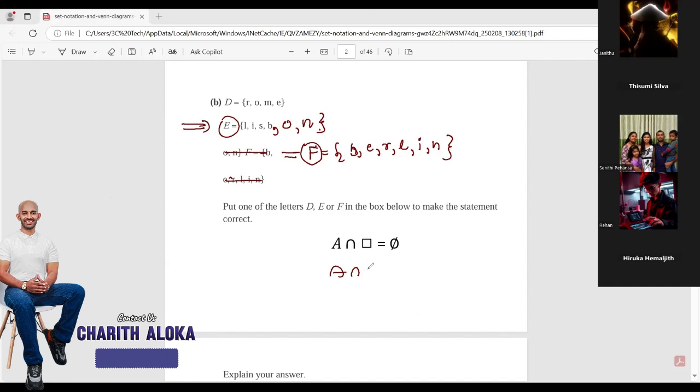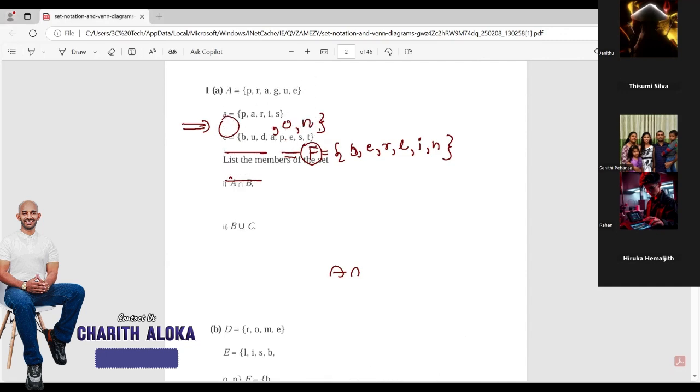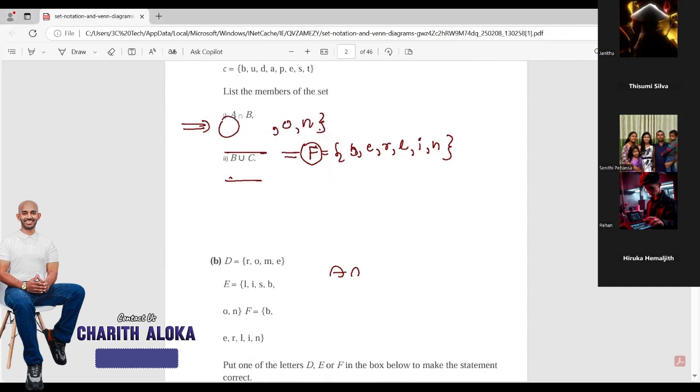Now you can see, A is not given, right? So we can get A as the first element.